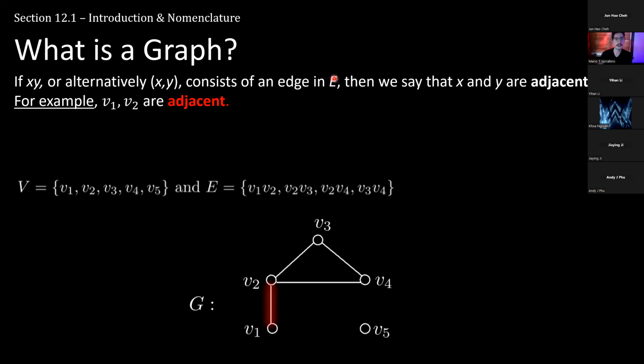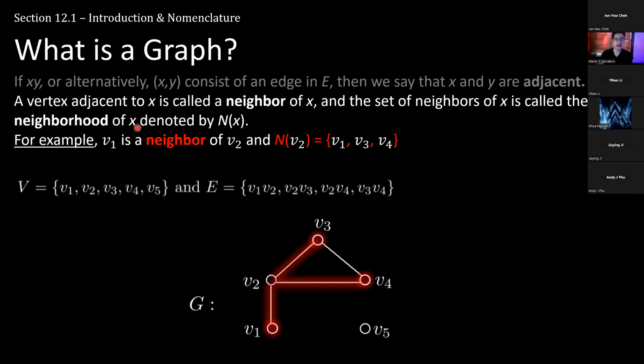If X, Y, or alternatively the tuple XY, you can choose how to represent it, both are perfectly fine, is an edge in E, then we say that X and Y are adjacent, okay? So for example, V1 and V2 are adjacent because they share an edge. This is vocabulary. A vertex that is adjacent to X is called a neighbor of X because they're adjacent, they're close together, right?